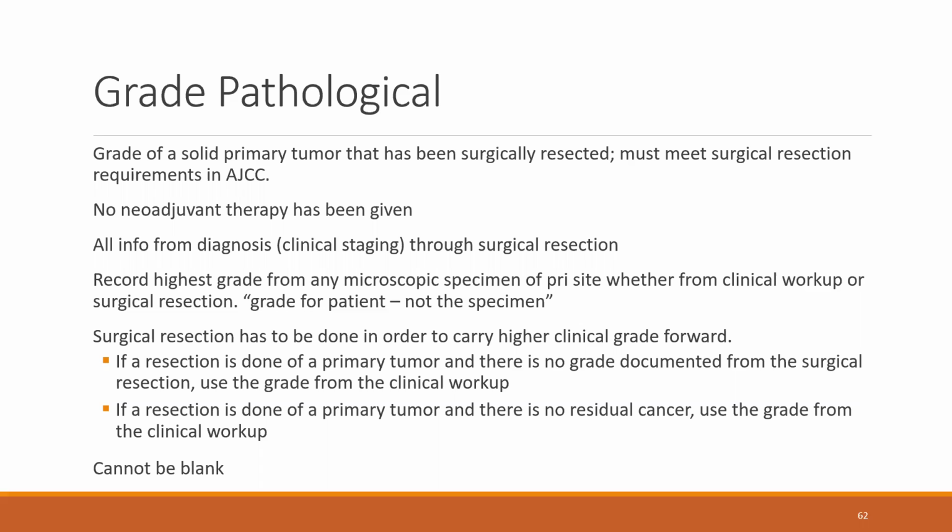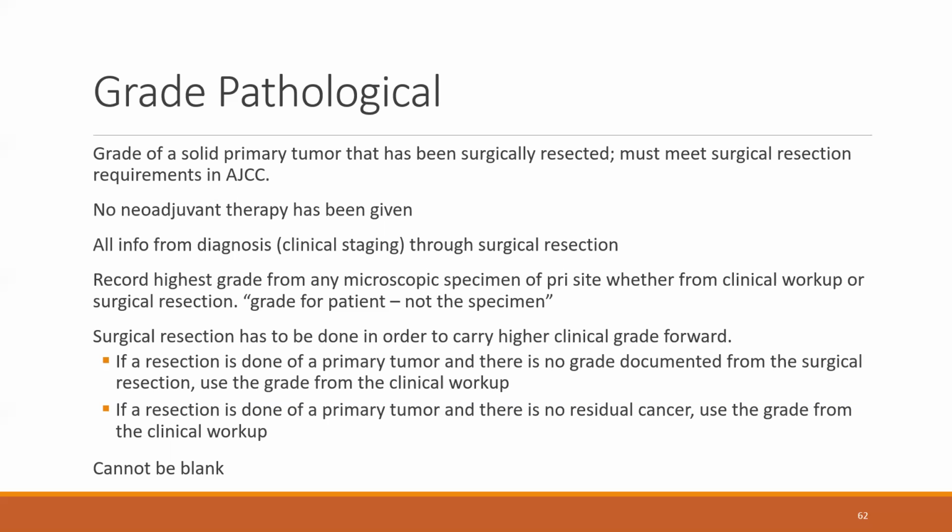So you want to record the highest grade from any microscopic specimen of the primary site, whether it's clinical or surgical. Think of this as the grade for the patient, not just the specimen.